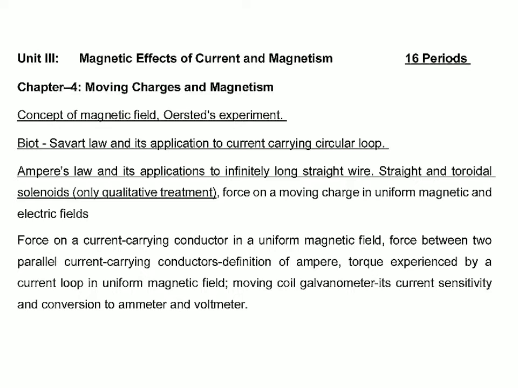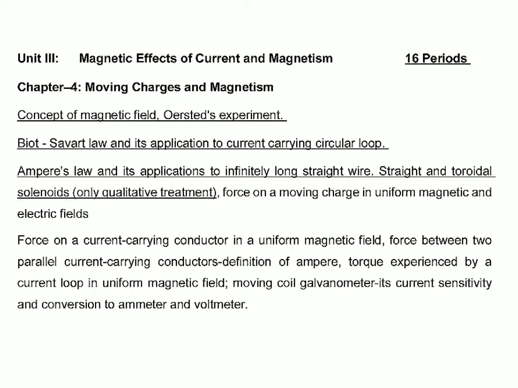Now, in this unit 3, we have two chapters, chapter 4 and chapter 5. Chapter 4 is moving charges and magnetism. In this chapter, we shall learn about the concept of magnetic field and Oersted's experiment. We shall also do another activity to demonstrate the magnetic effects of current.